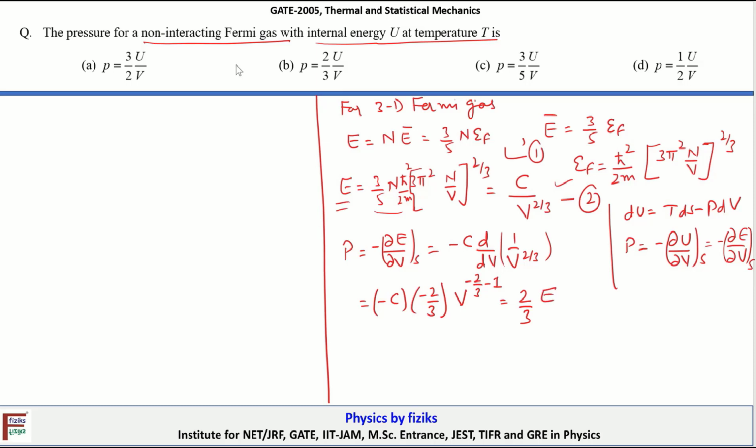That's E, and then we have an additional V power minus 1, so that will give you V. So pressure is equal to 2/3 of the energy density. That's our final result, so option B is the correct one here.